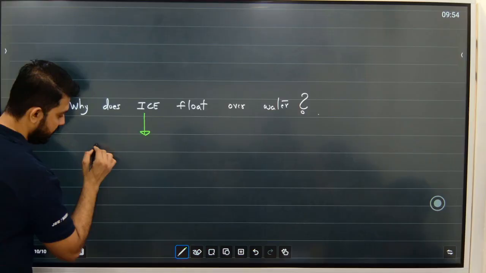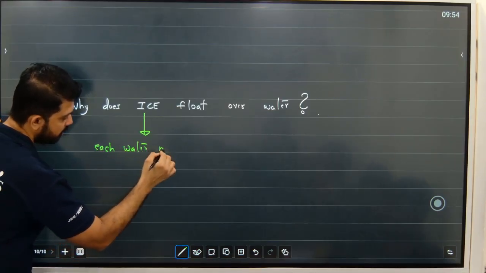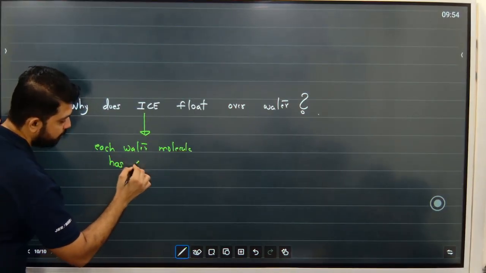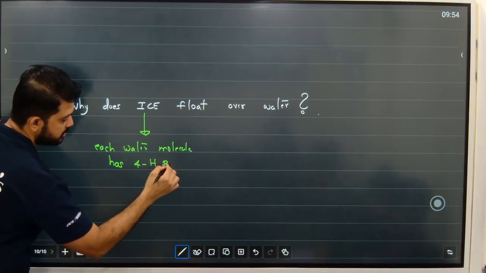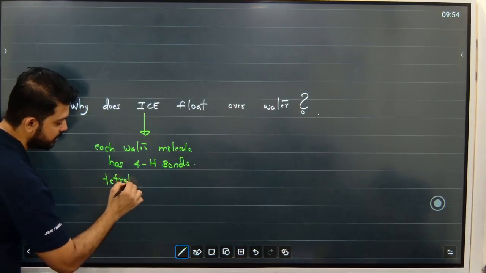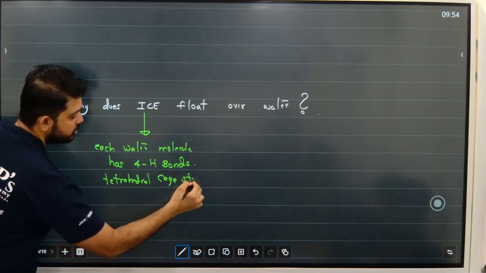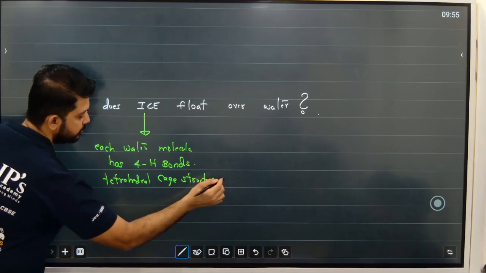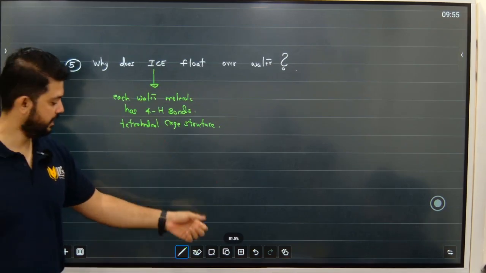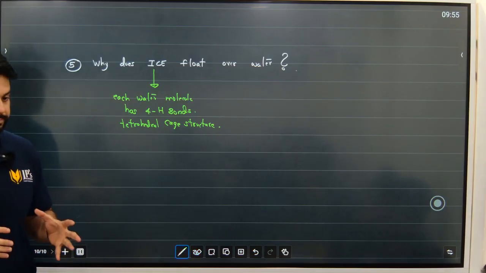In ice, each water molecule has 4 hydrogen bonds. As a result of which it has a tetrahedral structure or tetrahedral cage structure बोलते हैं. I repeat, it has a tetrahedral cage structure, or you can see the structure is very hollow.